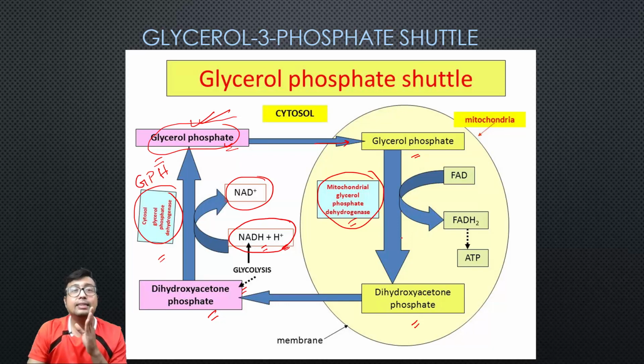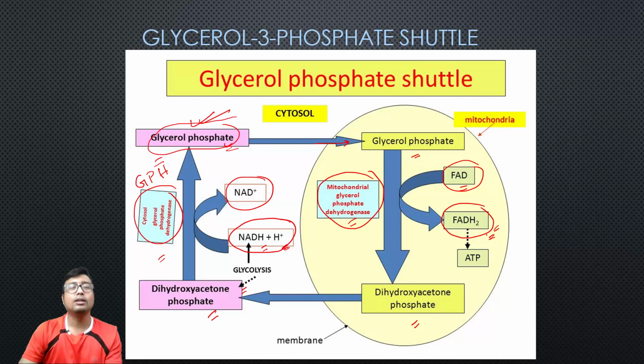But in this case it does not give back NADH, it gives FADH2. It utilizes FAD and gives rise to FADH2. Now you all know that FADH2 can enter the electron transport chain via complex 2 and it will lead to production of 2 ATP.